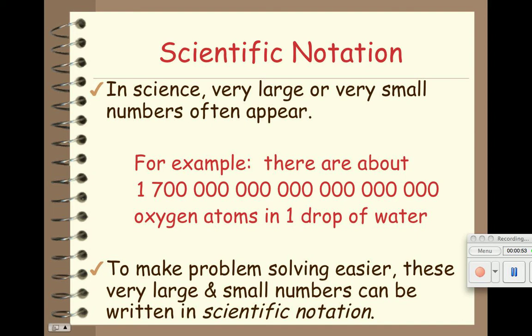If I am trying to manipulate this number with a calculation, it's very difficult. You can't get this number into a calculator, for example. So what I do as a scientist is express this number differently. I express it in scientific notation form, and that makes it much easier to do problem solving with very large and also very small numbers.